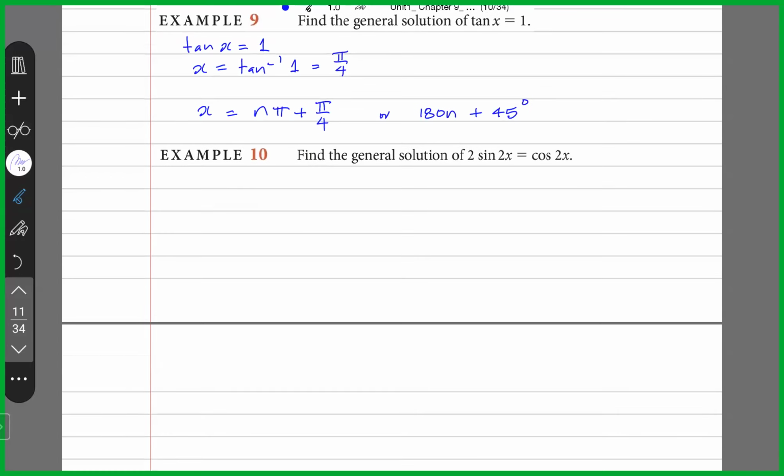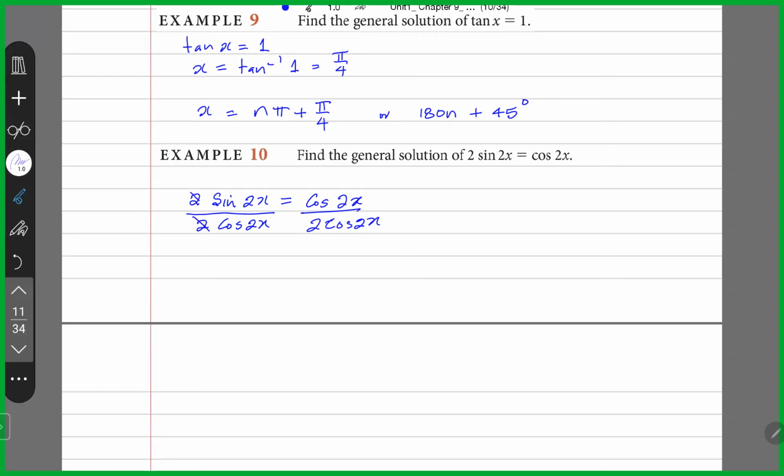Let's have a look at 10. In 10, we're asked to find the general solution of 2 sine 2x is equal to cos 2x. All right, so we're asked to find a general solution for this. Here's how I would go about it. I would divide both sides by 2 cos 2x.